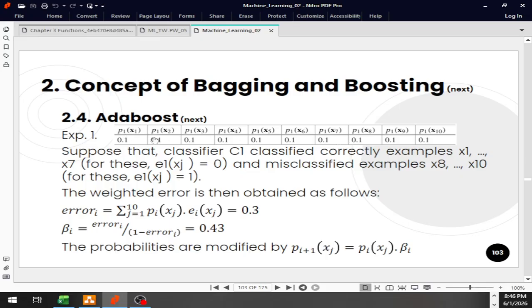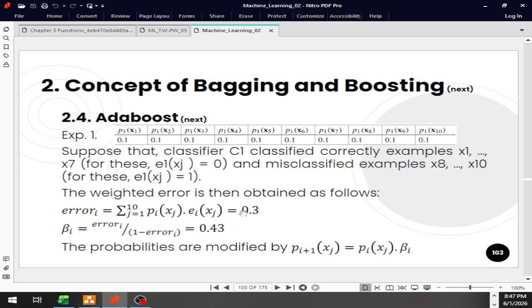All of these are multiplied by 0, as you know, they were well classified, but these are misclassified, so that E of x equals 1. So E of x multiplied by 0.1, it equals 3 times 0.1. The rest is multiplied by 0, so we don't take them. So the sum of these will equal 0.3.